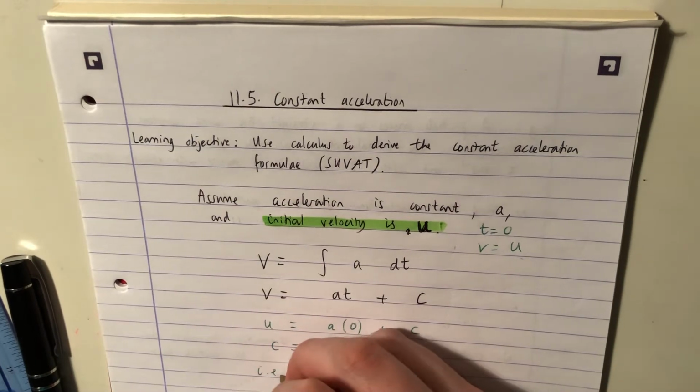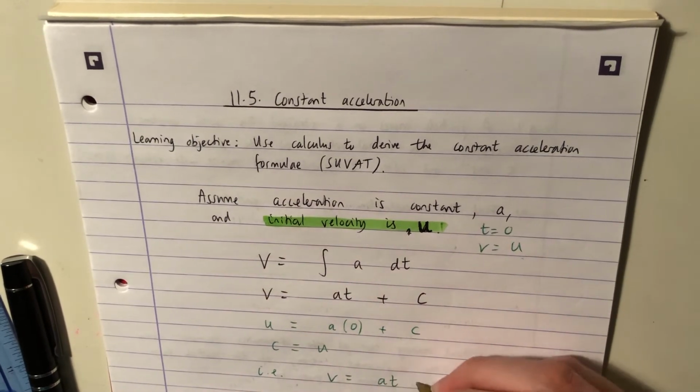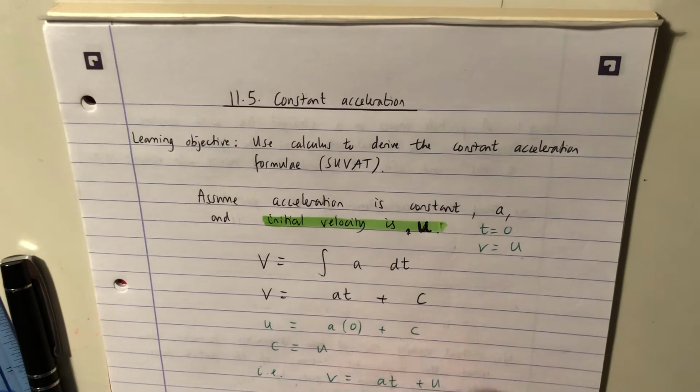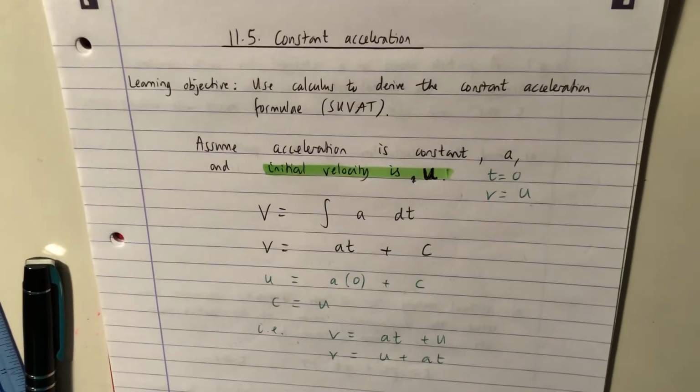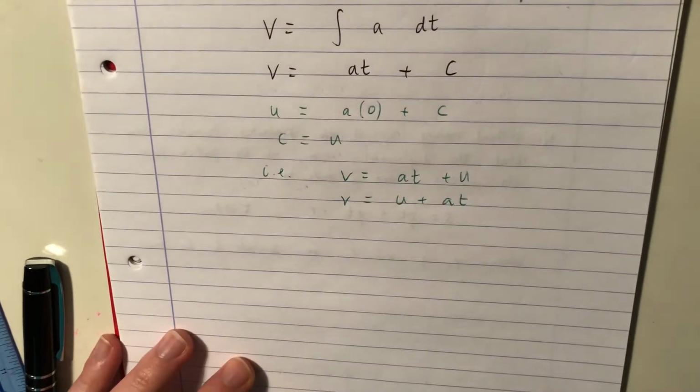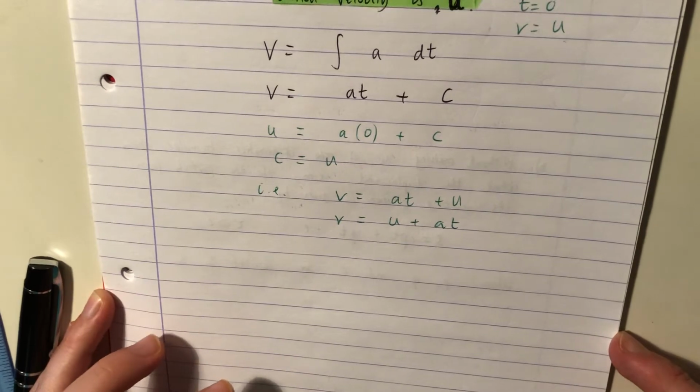So in other words, v is equal to at plus u, which is exactly the same as v is equal to u plus at. So there's one of them.